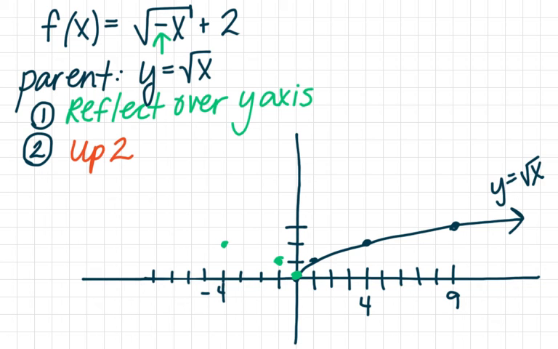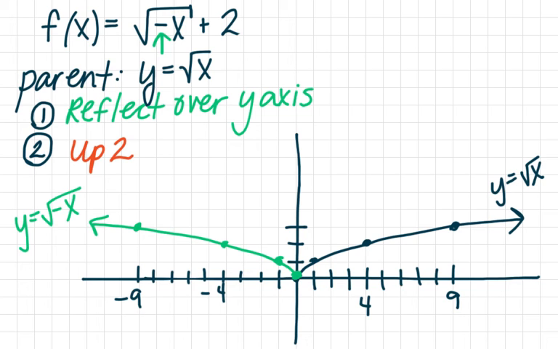And lastly, our point at positive 9 is going to reflect and become negative 9, positive 3. So what I've done here is just the reflection. If you wanted to label this green graph, it would be y equals the square root of negative x. We haven't done the shifting, but we've done just the reflection. We jumped across the y-axis.